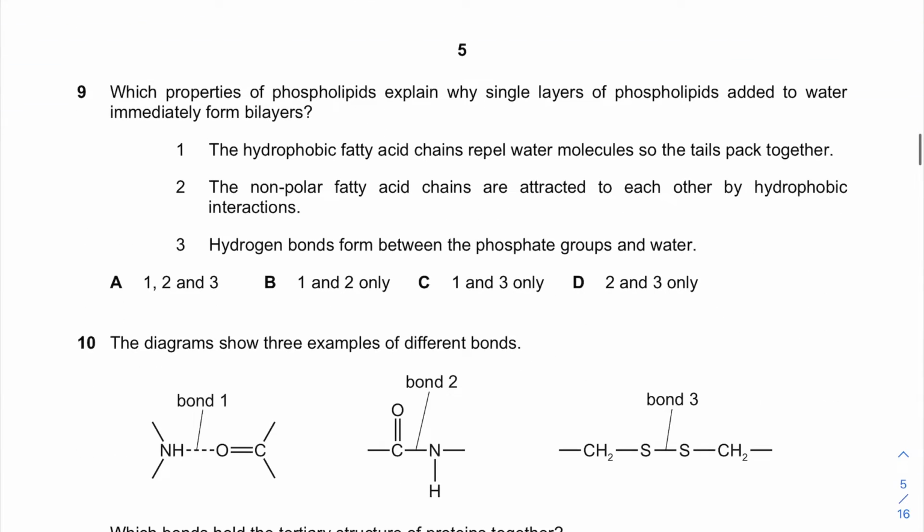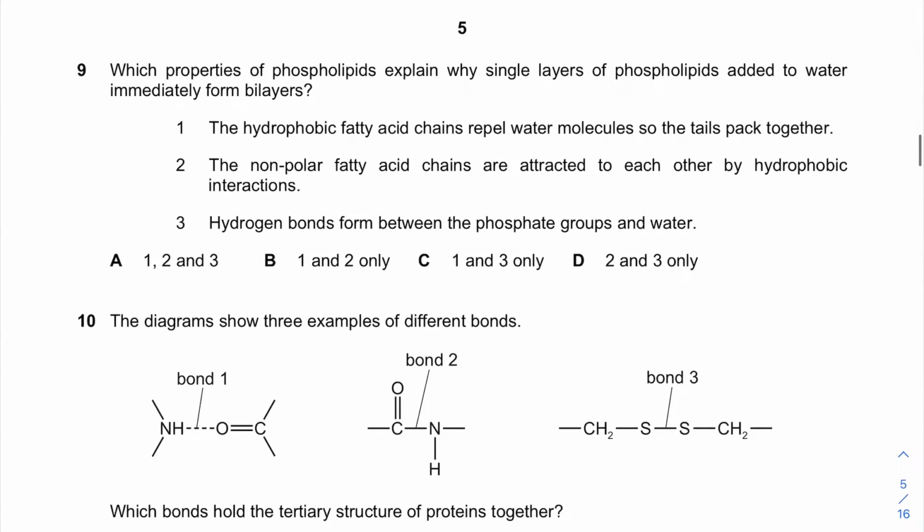Number 9. Which properties of phospholipid explain why a single layer of phospholipid added to water immediately forms bilayers? The property of a phospholipid is that they have the hydrophilic head and the hydrophobic tails.